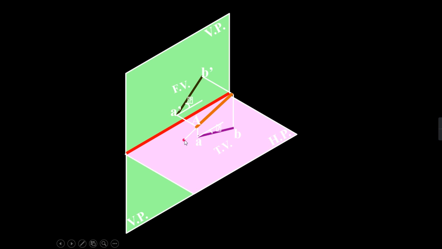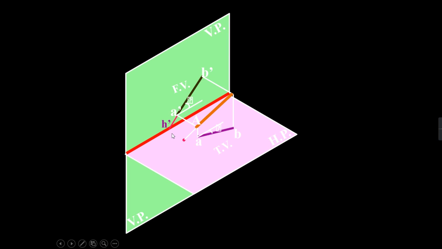Okay, but in the drawing sheet, you are drawing the front view and top view of line AB. So from that, you have to find out the horizontal trace of line AB. How can you do that? See, if you extend the line A dash B dash, it will cut the reference line at some point.